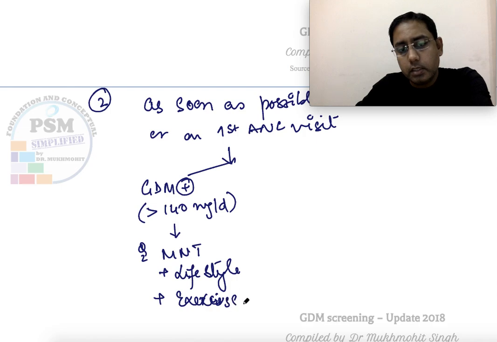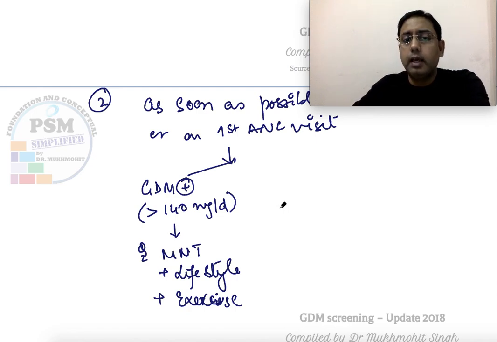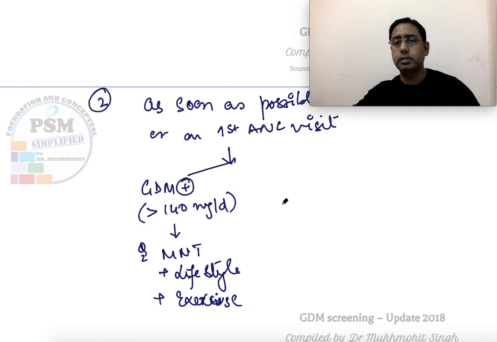So now this female will be advised exercise, medical nutrition therapy, and lifestyle modification. The first contact is recommended by the Government of India within the first 12 weeks of pregnancy, so at the same time we'll do the GDM screening.